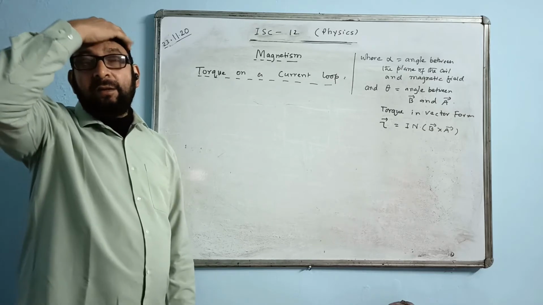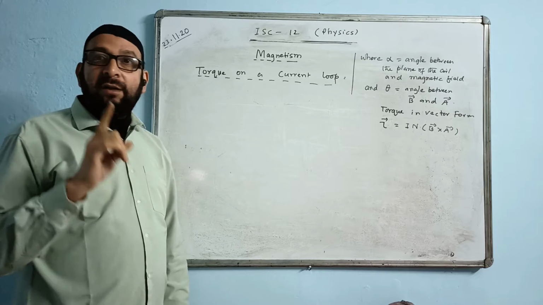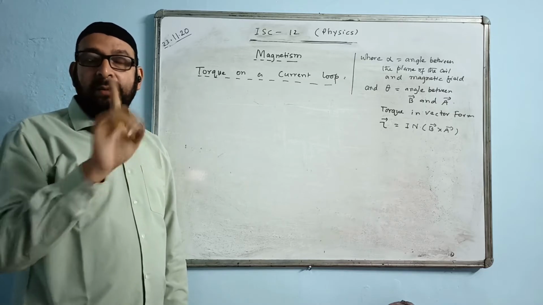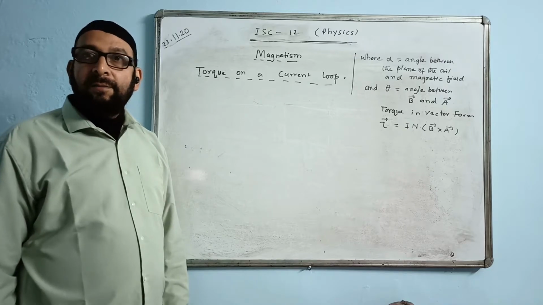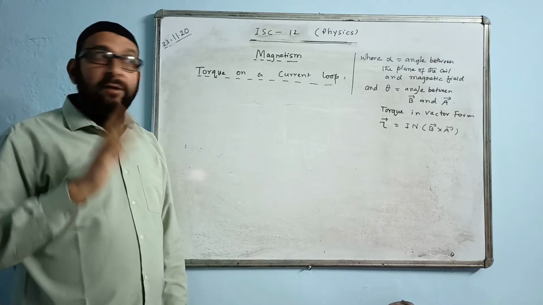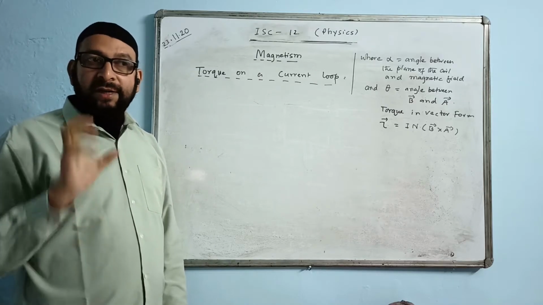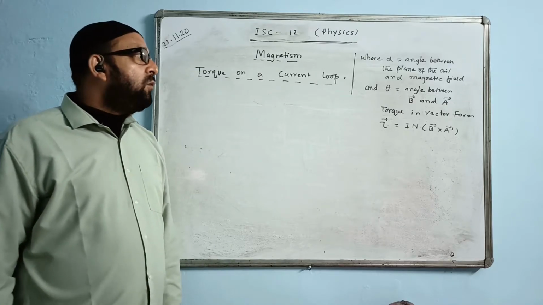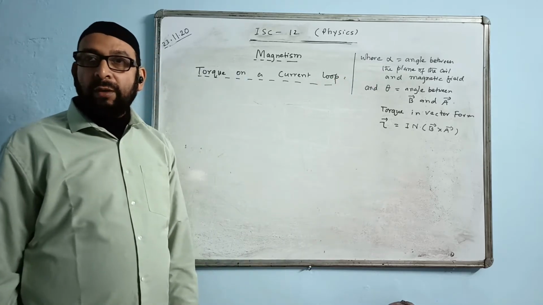Do we have any method to obtain constant rotation, constant speed of rotation or constant torque? The answer is yes. That is only possible when the alpha value is 0 degrees for any position of the coil.